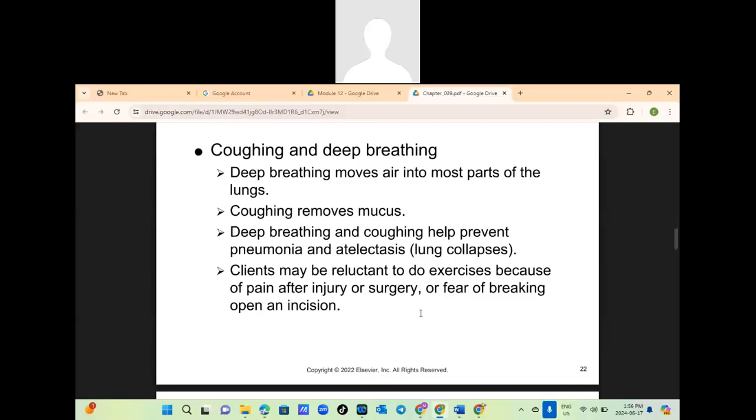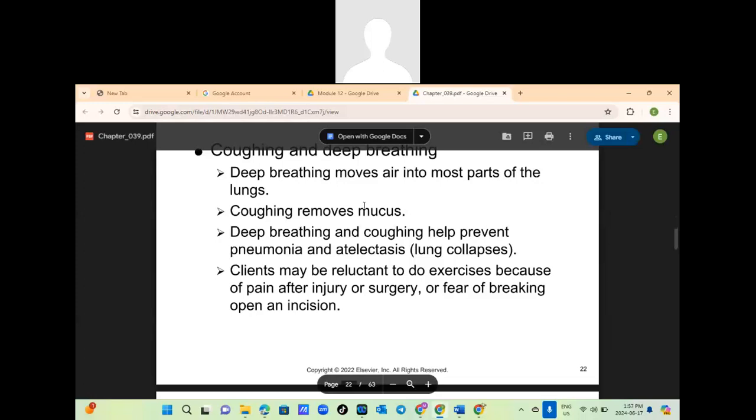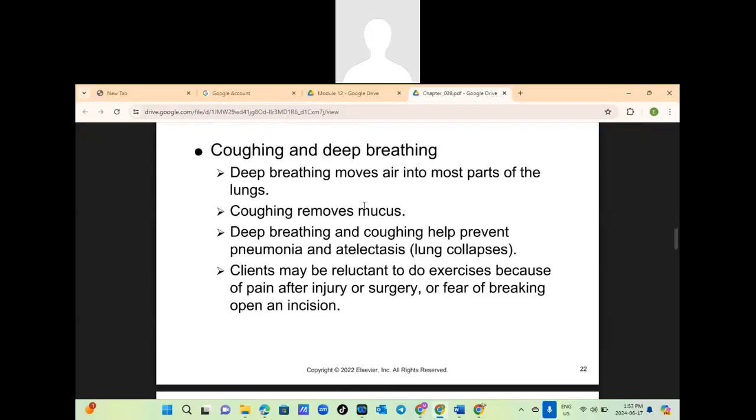A client may be reluctant to do exercises because of pain after injury or surgery or fear of breaking open an incision. So that's why, if you remember when you read documentation, I think it's module 7, wherein the patient has a lack of education, a lack of knowledge.